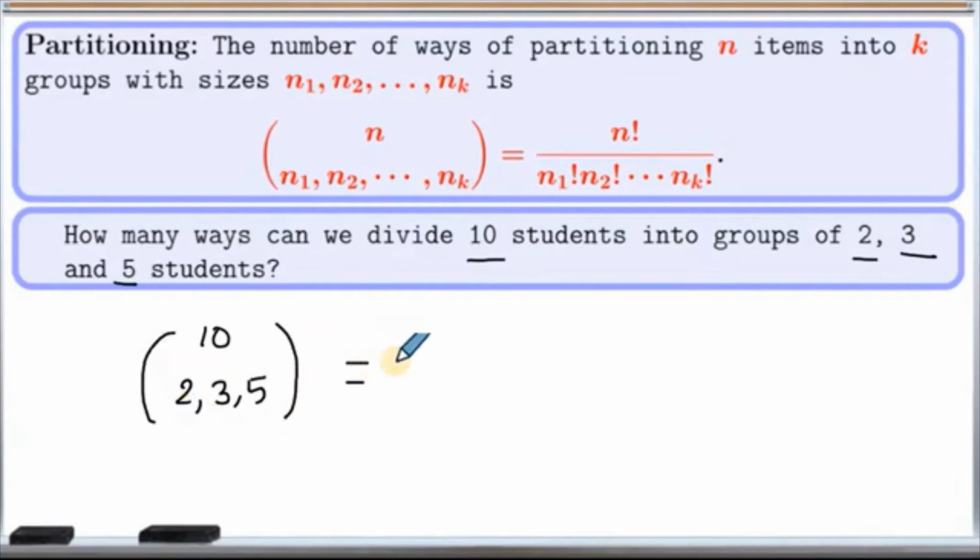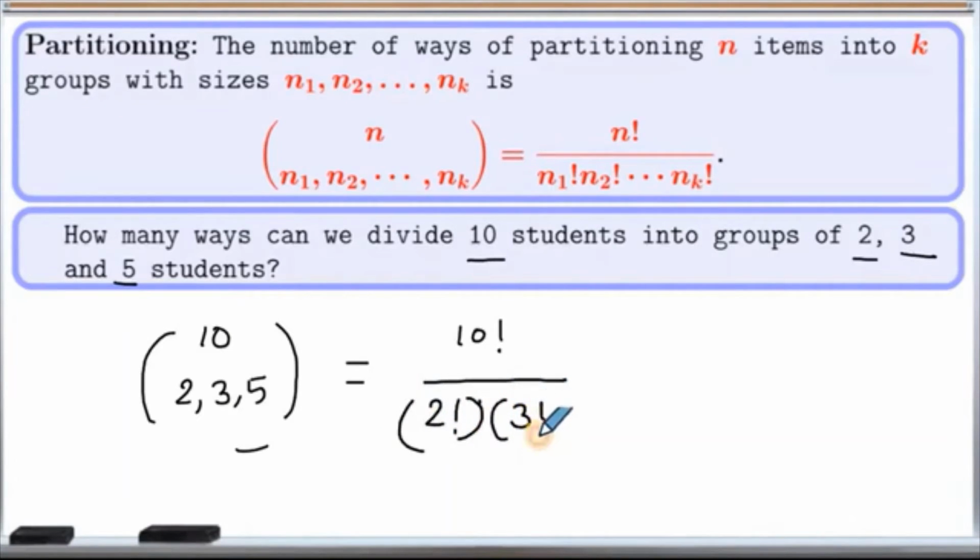From the definition, this is equal to 10 factorial over 2 factorial times 3 factorial times 5 factorial.